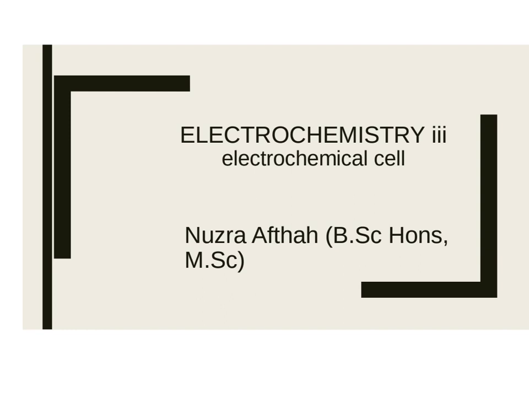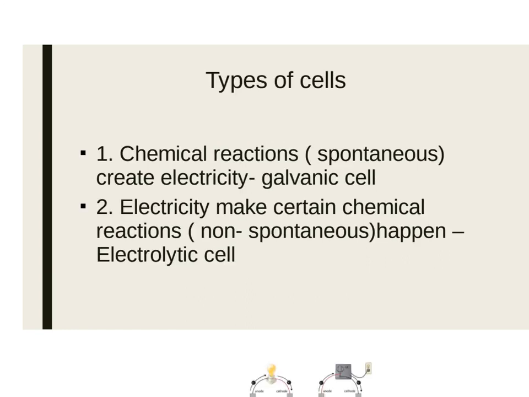Hello students, in today's lesson we're going to talk about electrochemical cell and electrochemistry. As we already discussed, there are two types of cells that we discuss under electrochemistry, that is galvanic cell and the electrolytic cell.